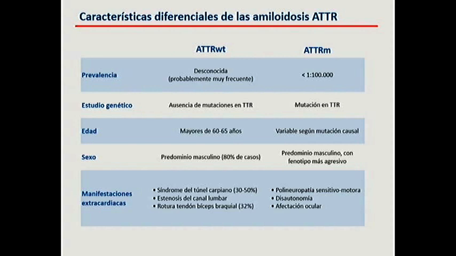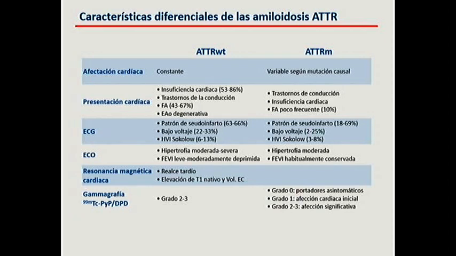There's a mutation that could also occur. In the EKG, the low voltage in the QRS is characteristic of this. There can be a pattern of pseudoinfarction. There can be moderate to severe hypertrophy.